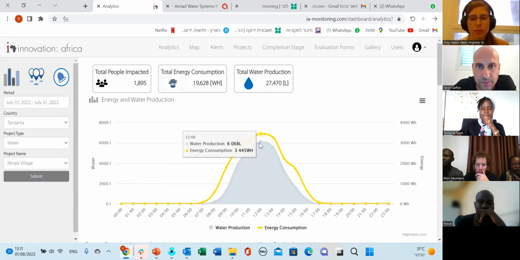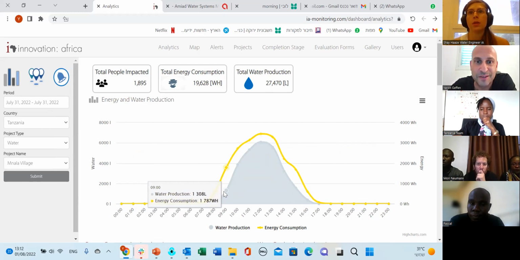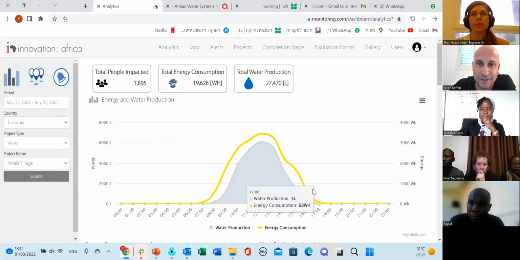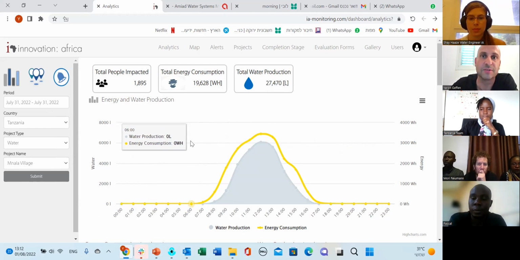Of course, at noon we supply the highest volume of water because the sun radiation is the highest. So this is a very typical supply curve of a solar system that you can see here.